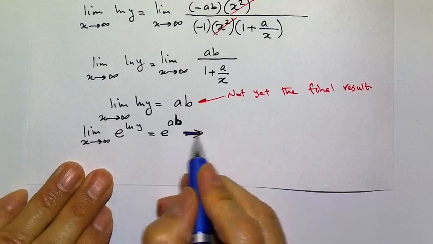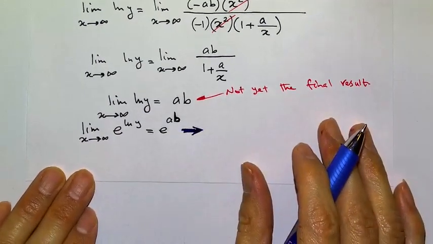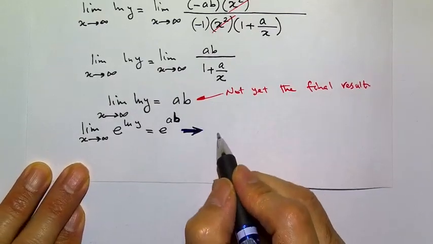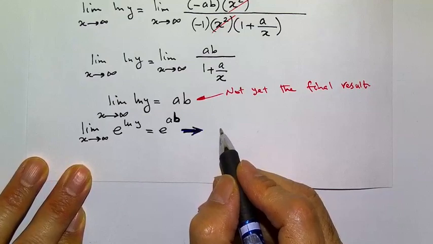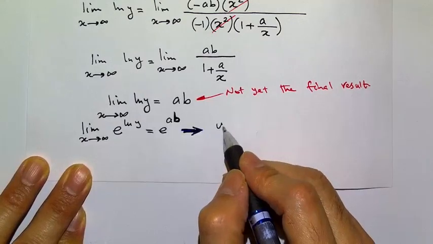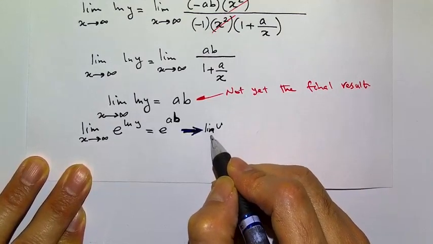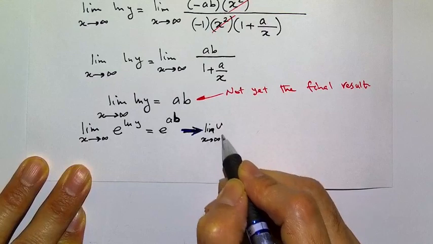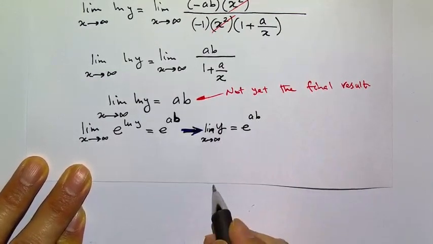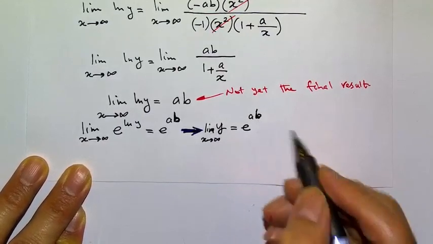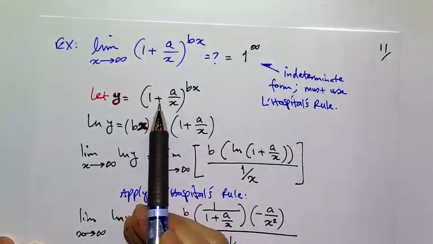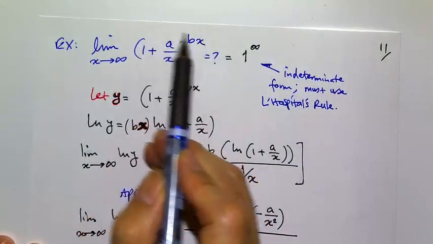Again, I'm trying to squeeze everything in this little space so you have everything on one page, basically. So we get limit as x goes to infinity of y equals e to the ab power, right? But remember y was equal to that, which is all that expression.